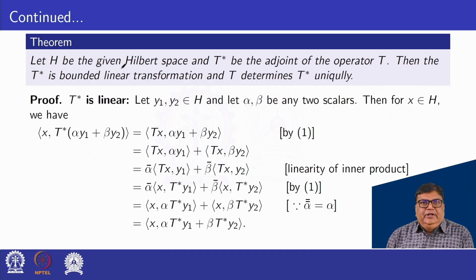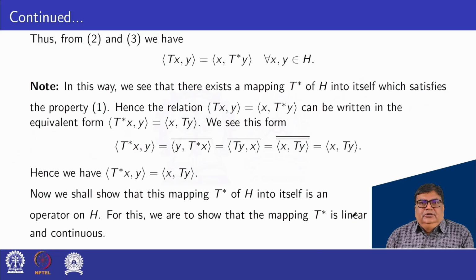Let H be the given Hilbert space and T star be the adjoint of the operator T. Then T star is a bounded linear transformation and determines T star uniquely. So here T star is linear and bounded.